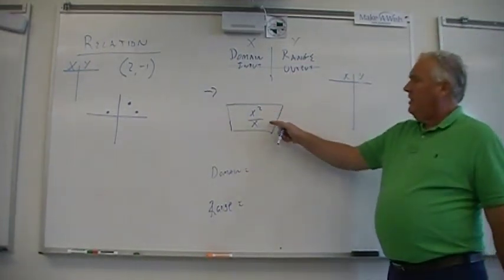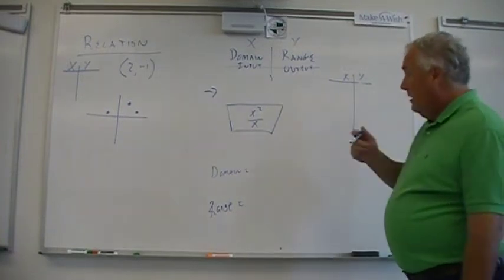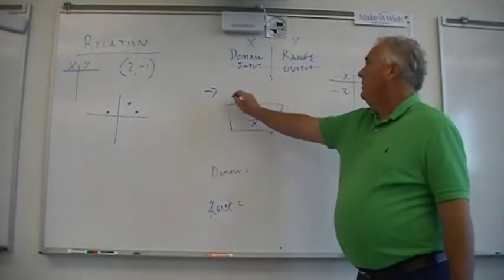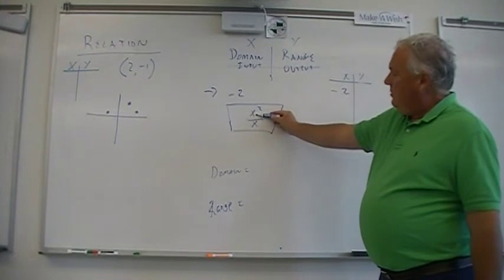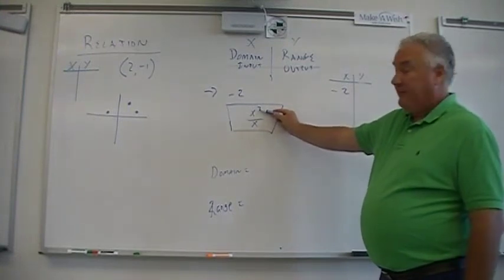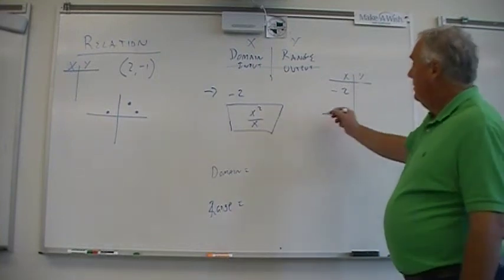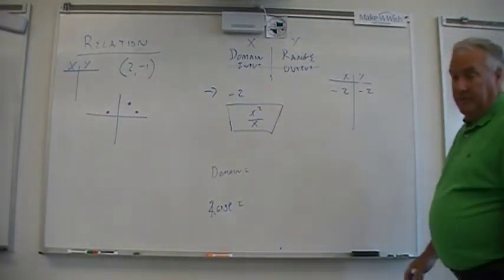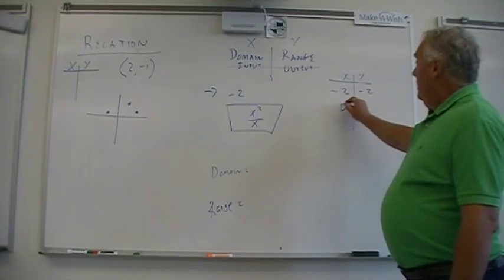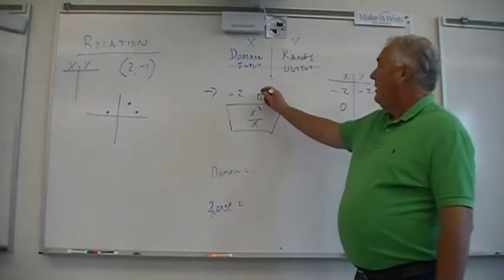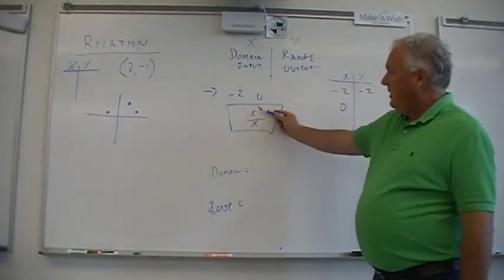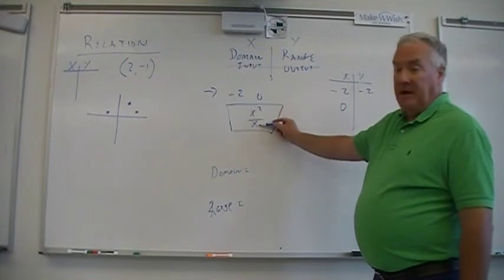So, x squared over x. So I put in -2. -2 squared is positive 4. 4 divided by -2 is -2. Let's put 0 in. 0 goes in. 0 squared is 0 divided by 0.